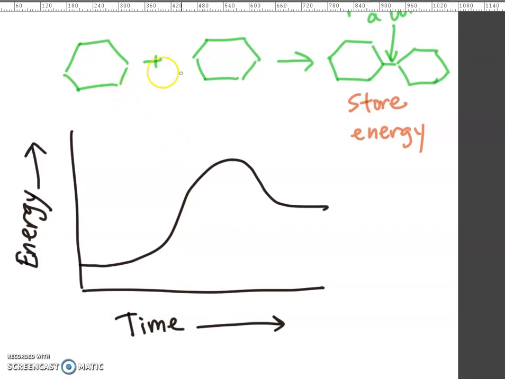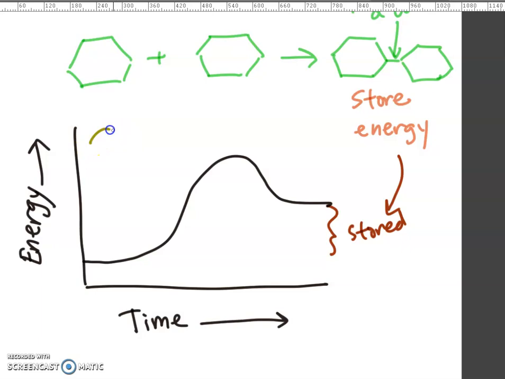In this case, we started out with two different molecules, and together they're relatively low energy. But when we add this energy in, we have just stored all of this energy. That's what's being stored. So this tells me that this is before the reaction, and after the hill, it is after the reaction.